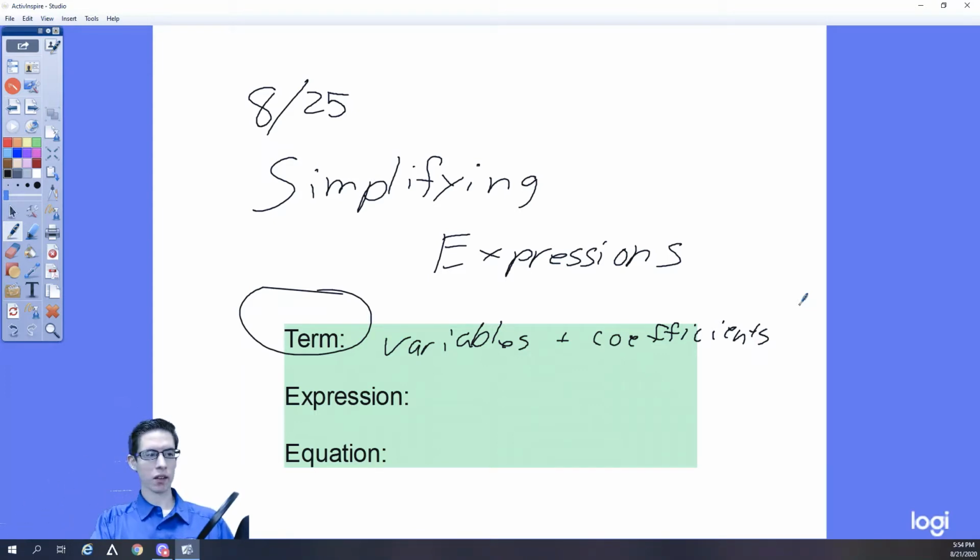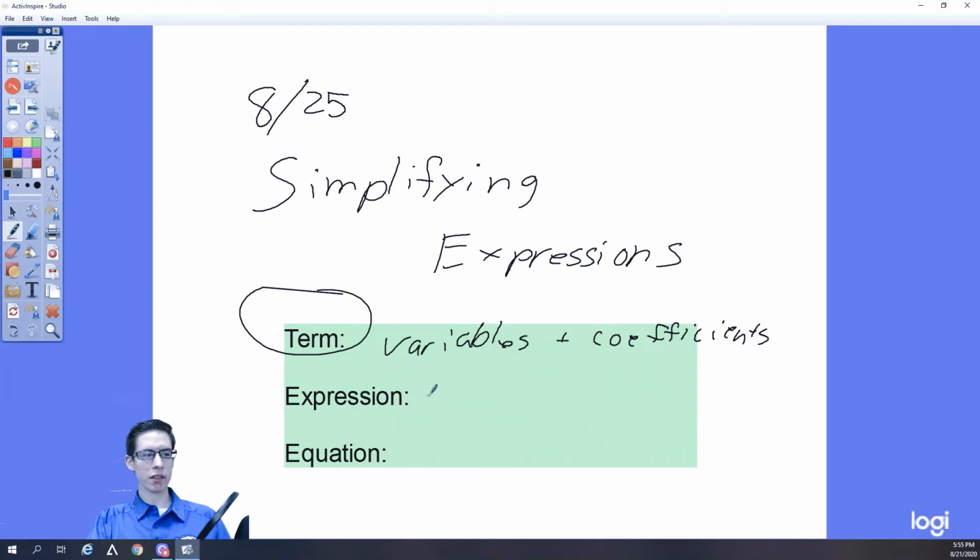and a term is going to be any grouping of those that are together. An expression, then, is going to be the bigger form of that. If I've got one term, that might be part of an expression, or it might be the entire expression itself. I'll point that out as we're going as well.